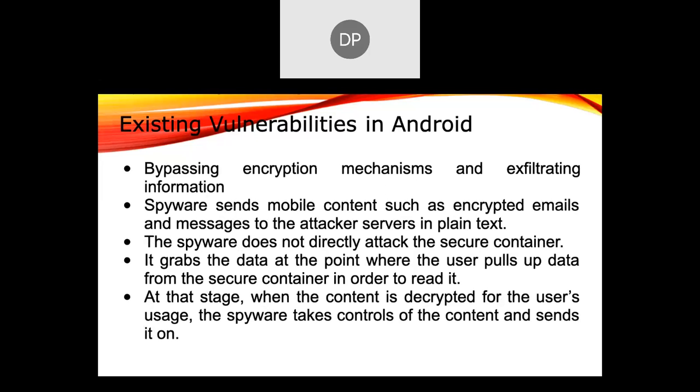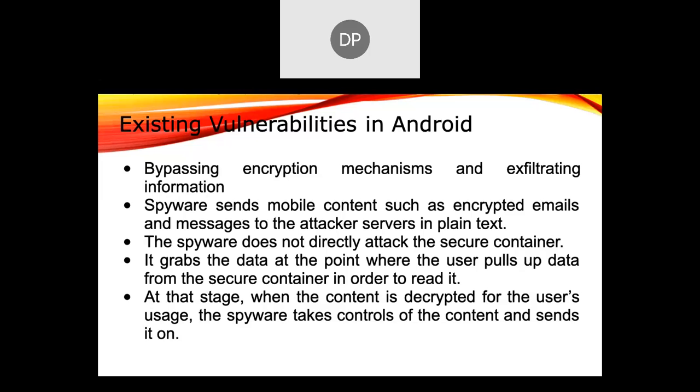Then there is bypassing encryption mechanisms and infiltrating information. This is one of the existing vulnerabilities in Android. Spyware sends mobile content such as encrypted emails and messages to the attacker's server in plain text. The spyware does not directly attack the secure container.